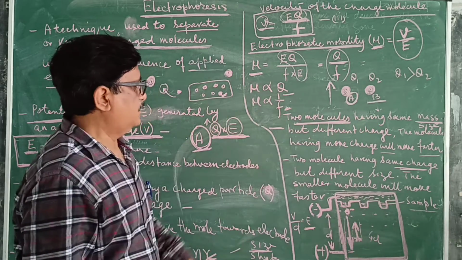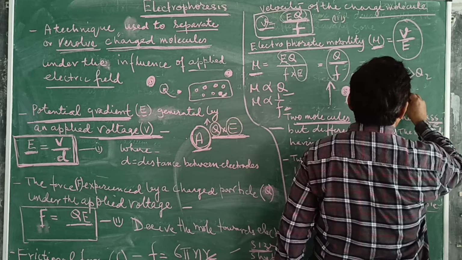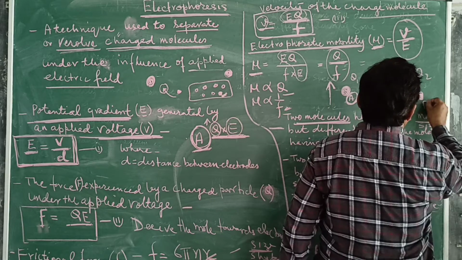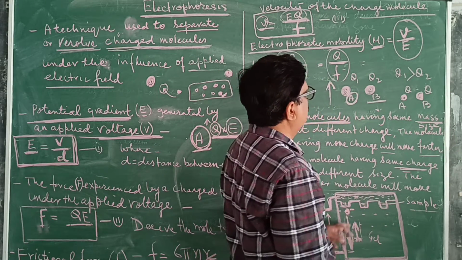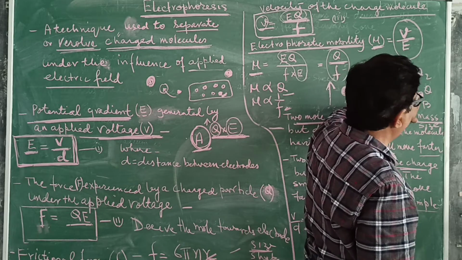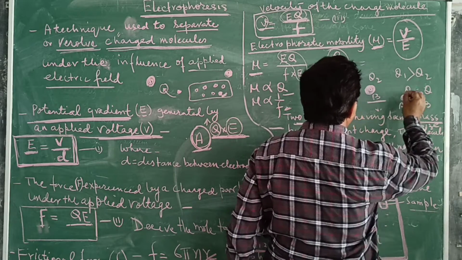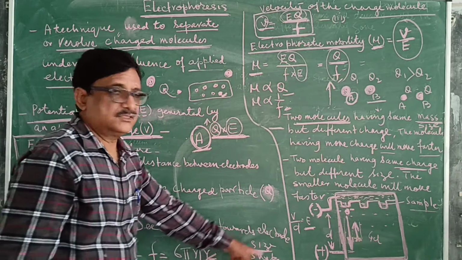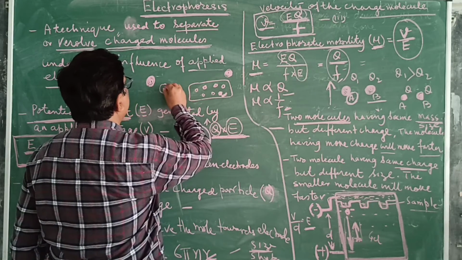Similarly, take two molecules A and B having the same charge, but the size of A is less than the size of B. That means A will experience or face less friction force, as we have discussed, radius, shape, size, and will move easily through the pore.